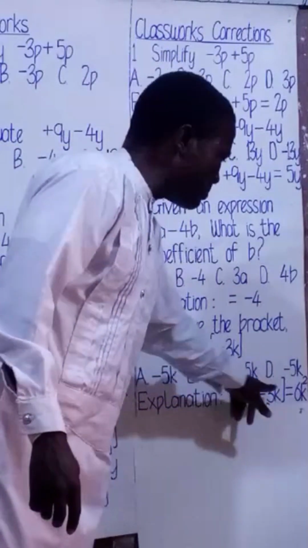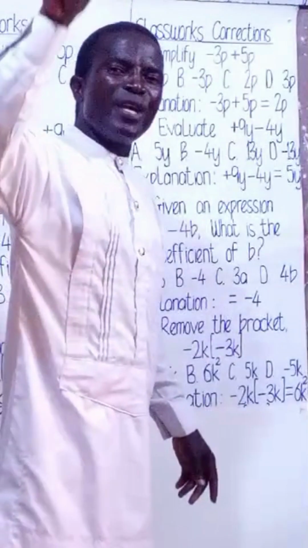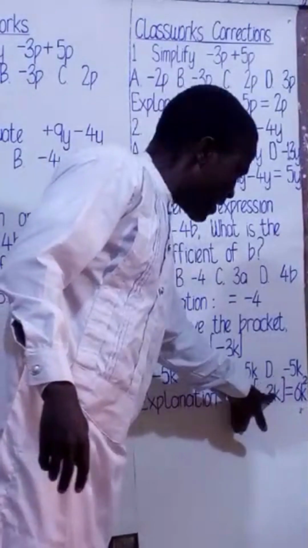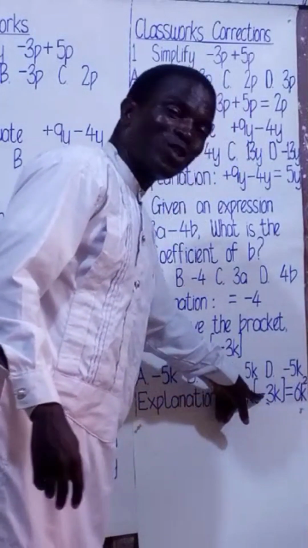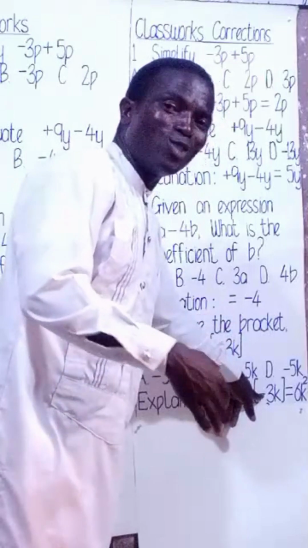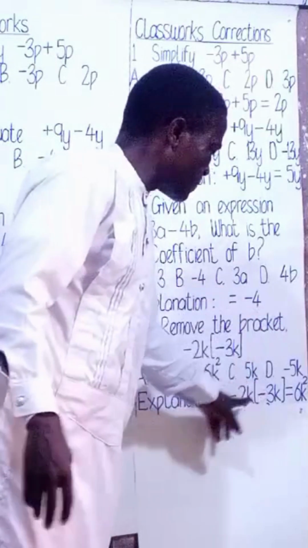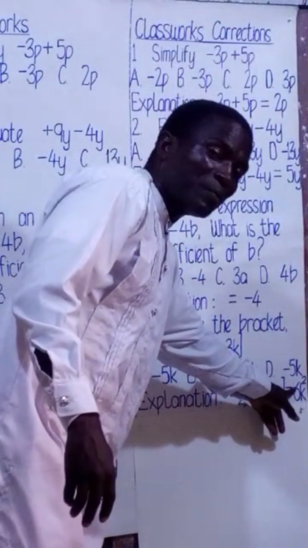Then k times k, k squared. That square means double. Once again, minus times minus will give us plus. Lion and lion, when they fight, nobody will win until plus comes to settle the quarrel. So minus times minus is plus that will eventually win.